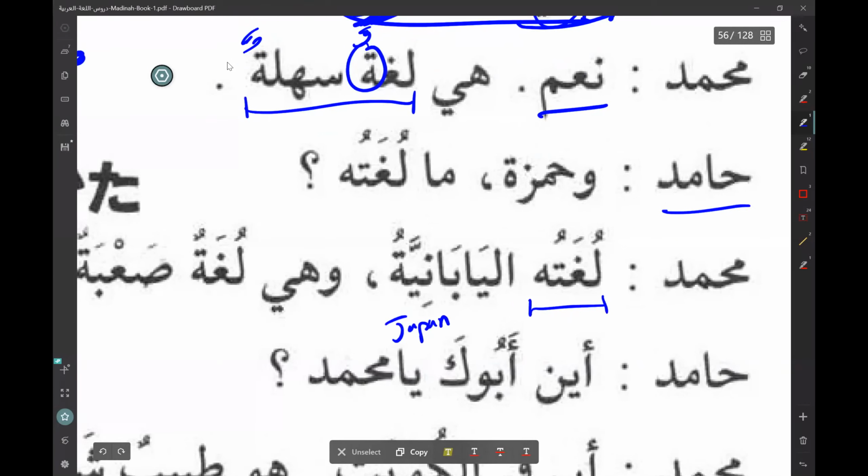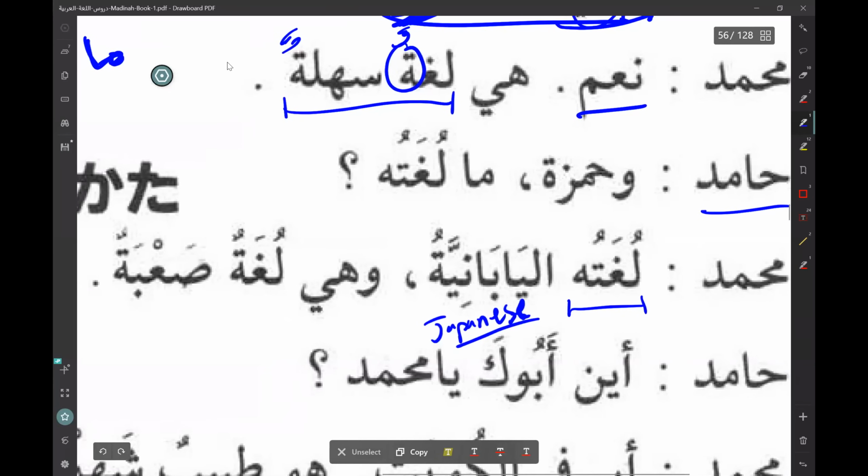Japanese. Subhanallah. Maybe there's two S. I have no idea. Something like that. So that is the difference between al-Yaban and al-Yabaniya. Japan is a country, and Japanese is the language. Okay, you understand? So his language is Japanese.